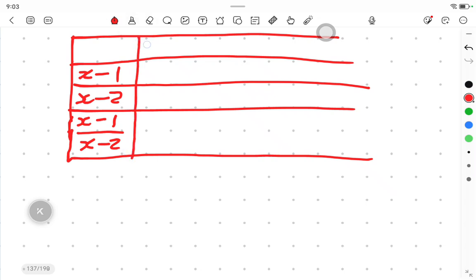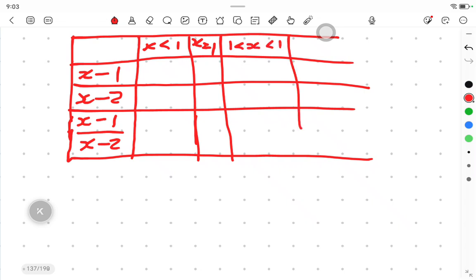Remember, here it's where x is less than 1. Here we have x equals to 1. Then here we have where x is between 1 and 2. Then here we have where x is equals to 2. Lastly, we have where x is greater than 2.